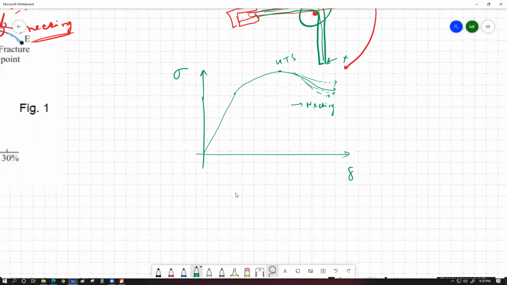Let's say this is our limit of proportionality. So I'm going to label this as P. Let's say this is our elastic limit. Let's say this is the point labeled as E. তার মানে হচ্ছে এইটুকু হচ্ছে আমাদের elastic segment. This is the part of the deformation or strain that is elastic. Anything beyond this point, these are all plastic deformation.